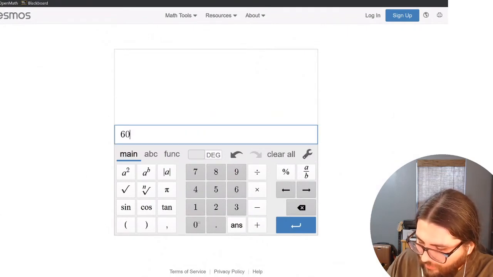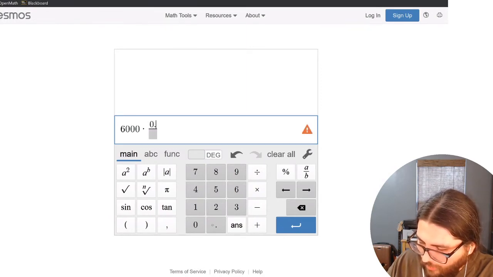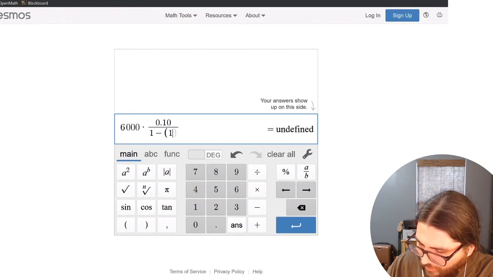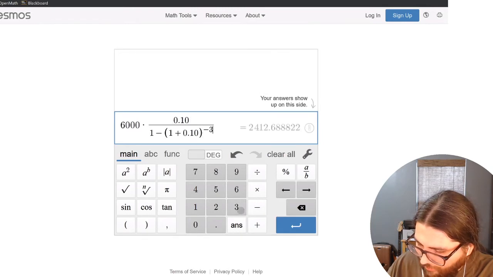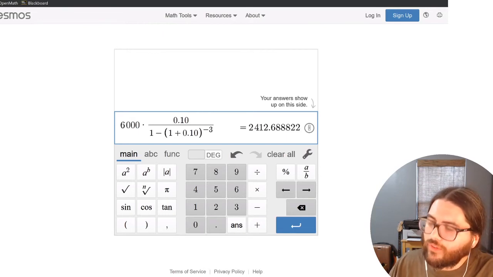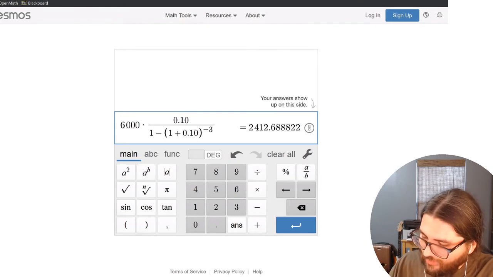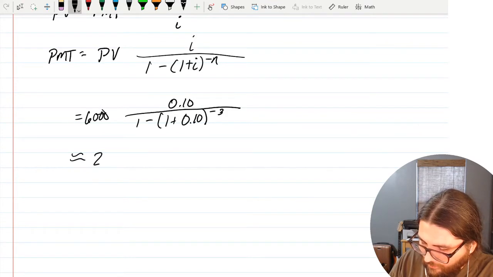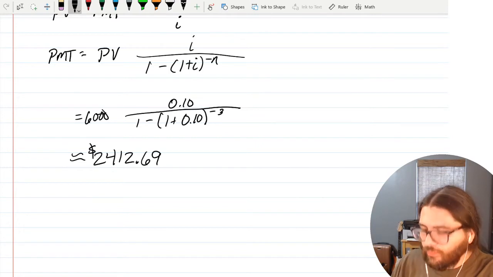Let's make this $6,000 times fraction 0.10 over 1 minus 1 plus 0.10 raised to the power of -3. $2,412.69. Remember, I always round this to 2 decimal places.